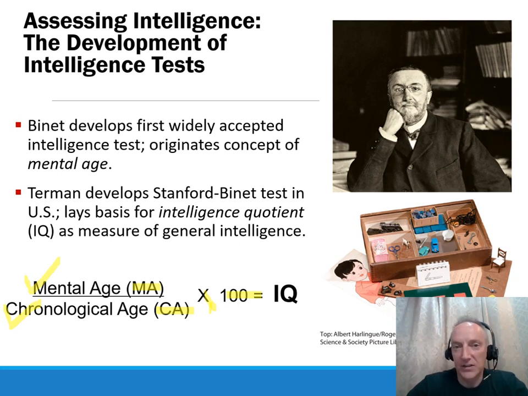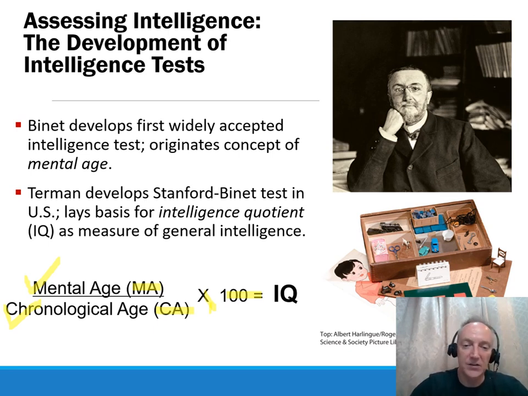So that means the average IQ is 100. And by modern day standards, it still is. The higher past 100, the smarter you are. The lower past 100, the less intelligent you are. So play with this concept of mental age and chronological age to get a feel for it yourself.